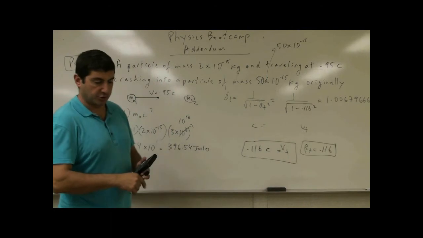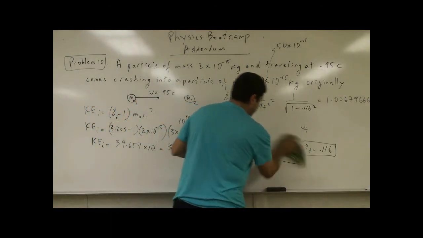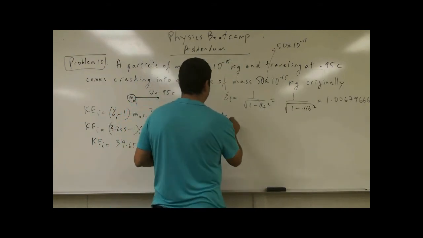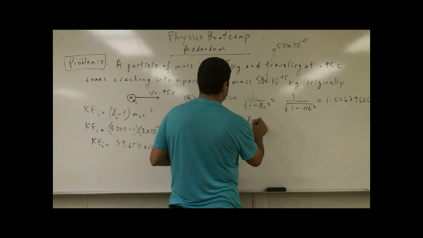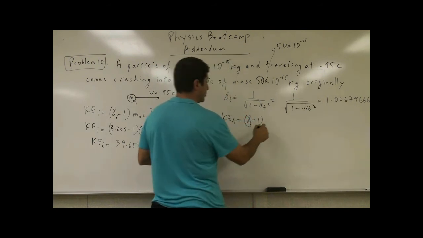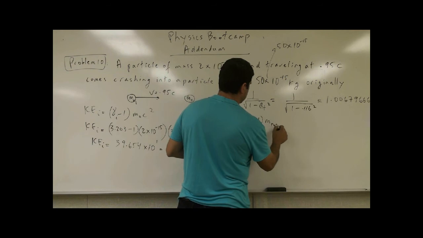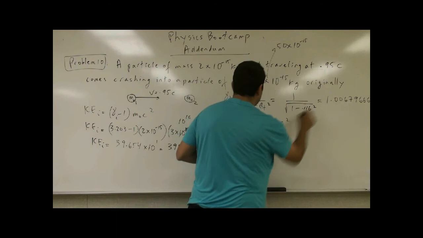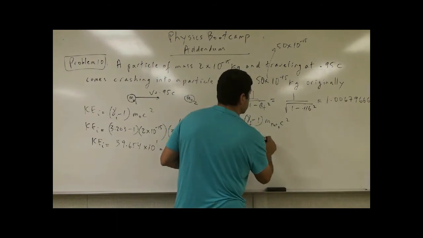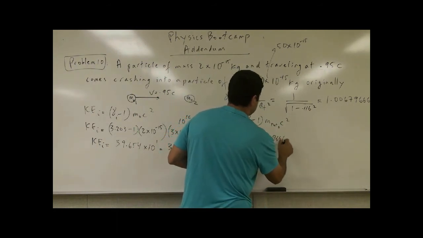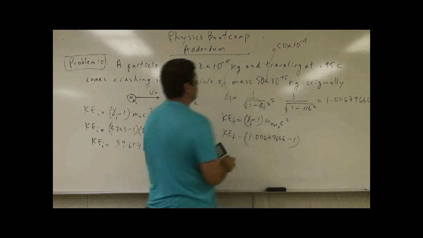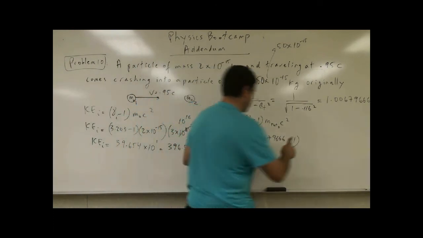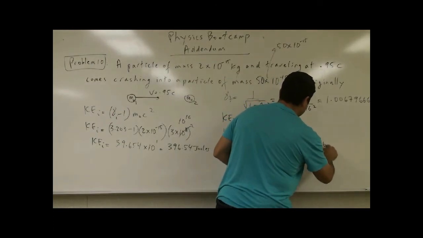That's gamma final. So then the final kinetic energy will be gamma final minus 1, m total 0 c squared. So kinetic energy final, I subtract 1 from this. And then the total mass was what? Remember, it was 52 times 10 to the minus 15.